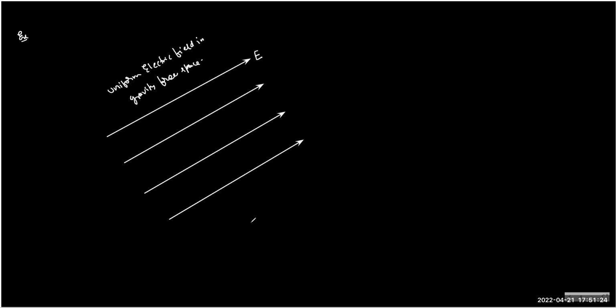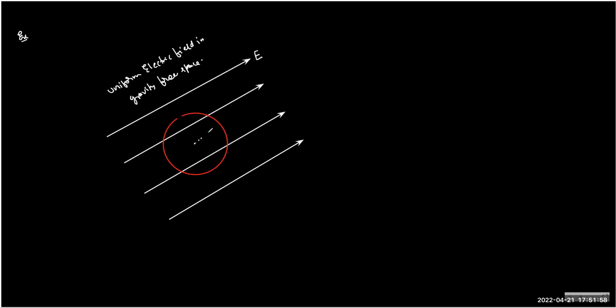So if we have the uniform electric field in a gravity free space like this, and we have a ring, and this ring is uniformly charged, except there is a gap exactly at right angle. So this gap is at perpendicular, and this gap is very small.